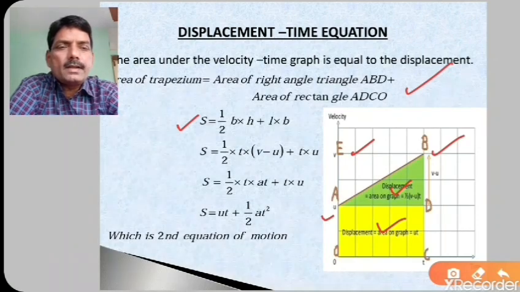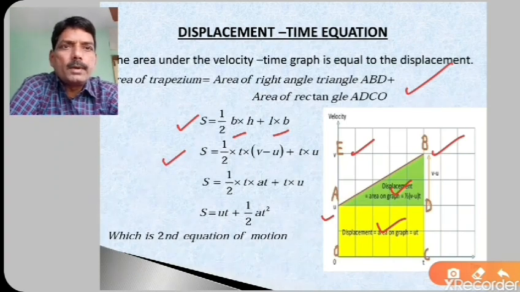So displacement S is equal to the area of the right angle triangle, which is 1/2 of base into height, plus the area of the rectangle, which is length into breadth. So by putting the respective values of breadth, height, length, we get this equation.